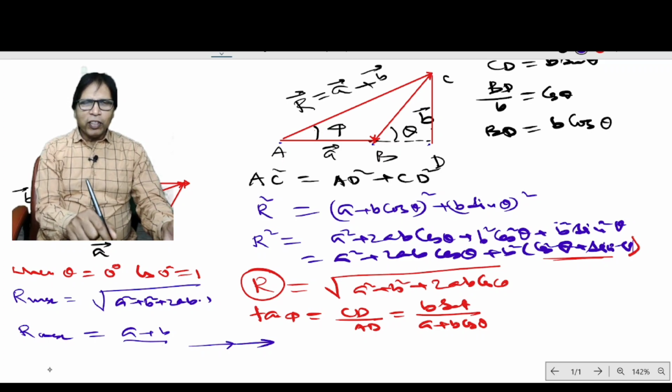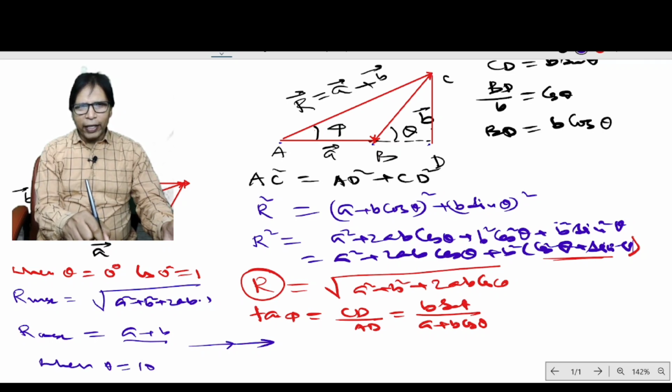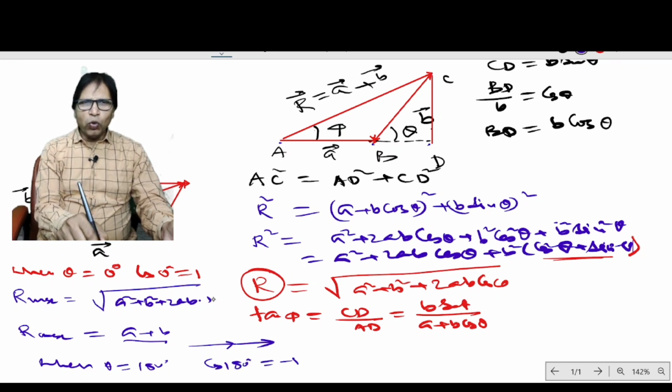Now when theta equals 180 degree, cos 180 degree equals minus 1. So this 1 is replaced by minus 1.